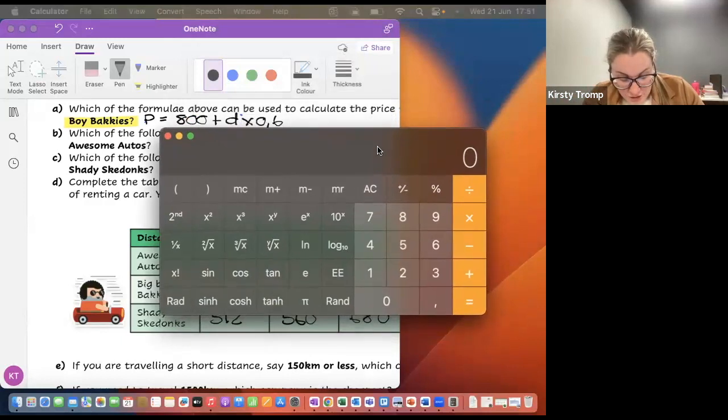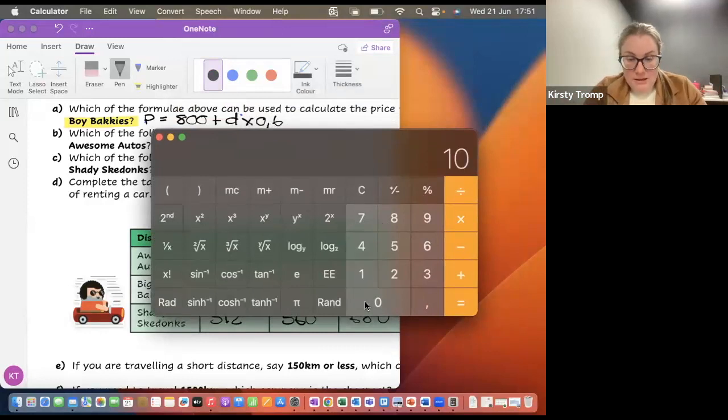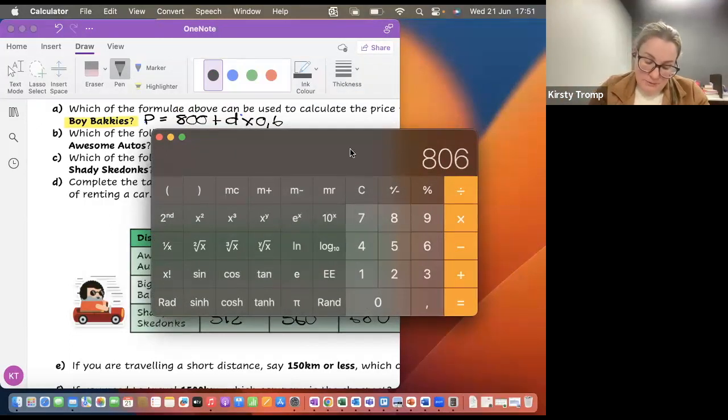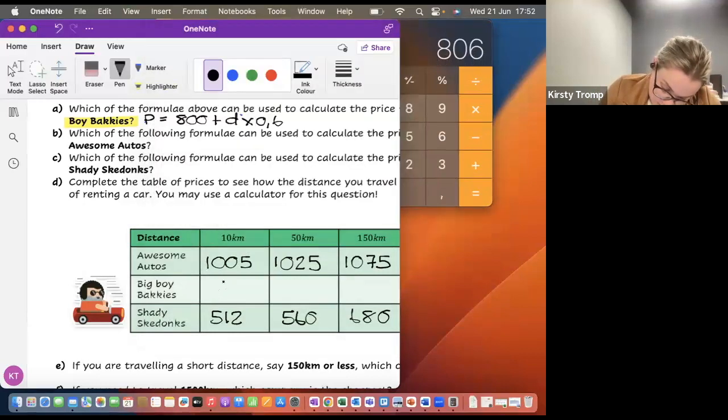All right. So I'm going to say the distance is 10. So 10 times 0.6, plus 800. And so my first number is going to be 806. Then my next one, I'm going to say 50 times 0.6, and that gives me 30.